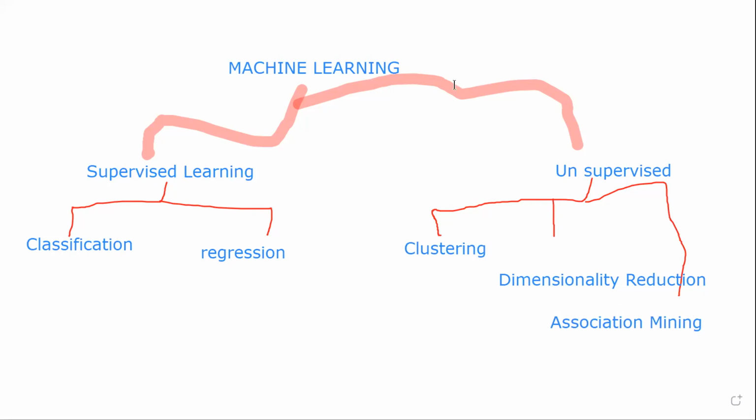This is how our machine learning, the total book specifies only these things. These are called how to learn machine learning.